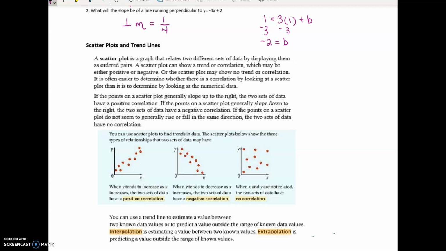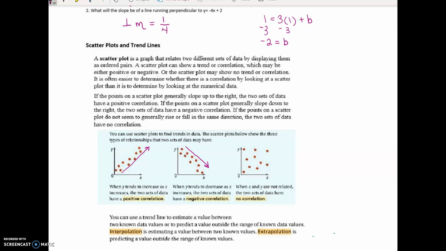So there's no correlation. Generally, a positive relationship is going to be moving in this direction. A negative correlation looks something like this. And then here we have just a random set of points. So you can use a trend line to estimate a value between this set of data. It's a way to predict what might happen.